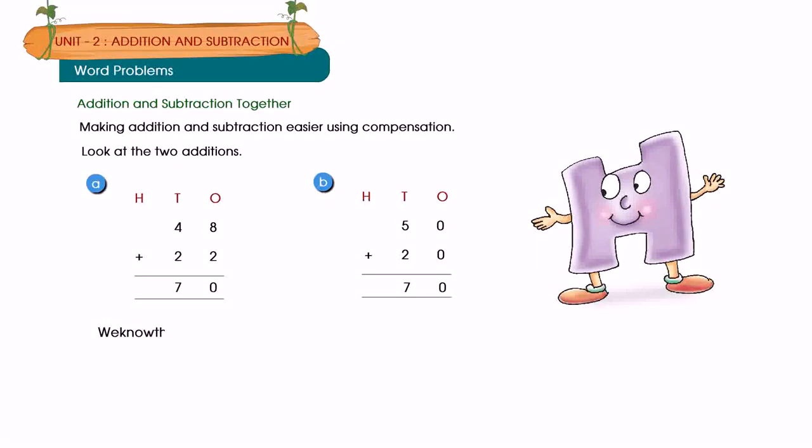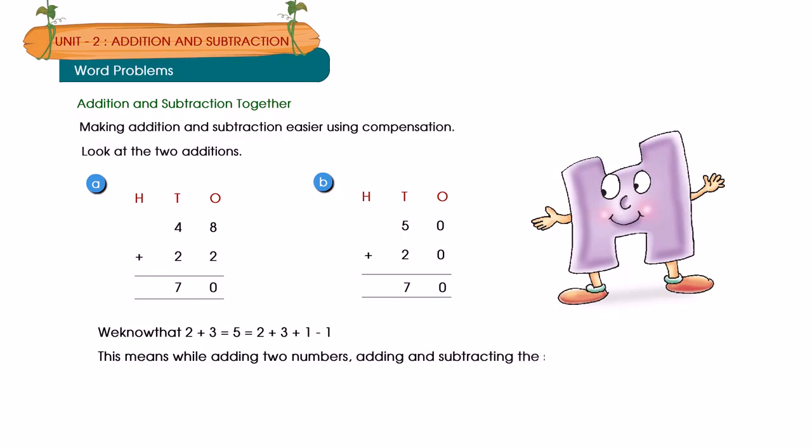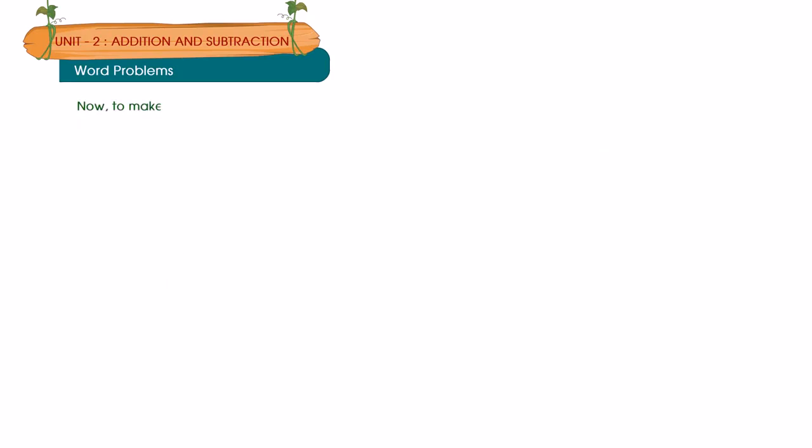We know that 2 plus 3 is equal to 5, which is equal to 2 plus 3 plus 1 minus 1. This means that while adding two numbers, adding and subtracting the same number does not change the sum. Now, to make large numbers easier to add: 1.